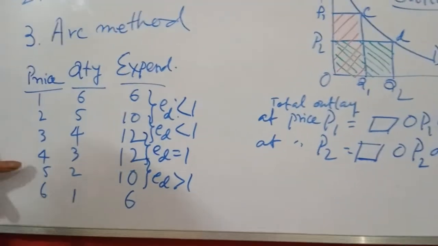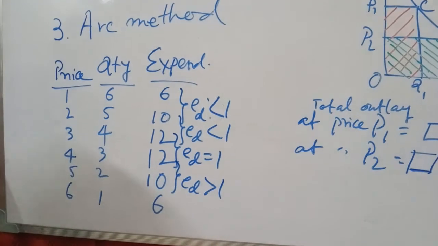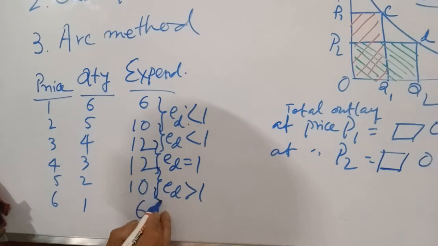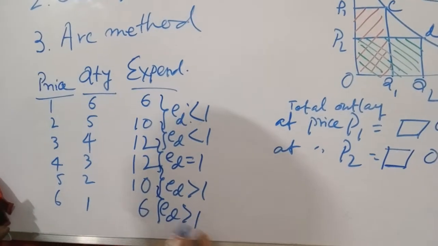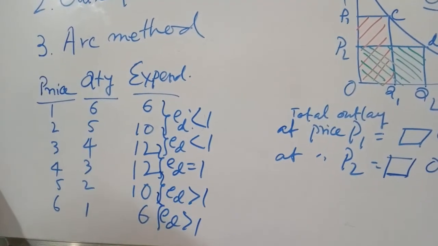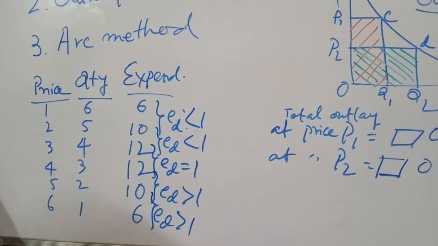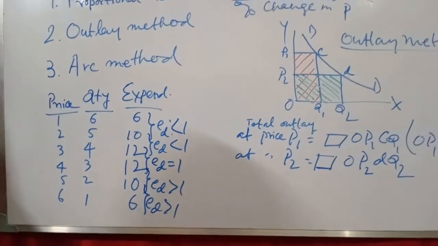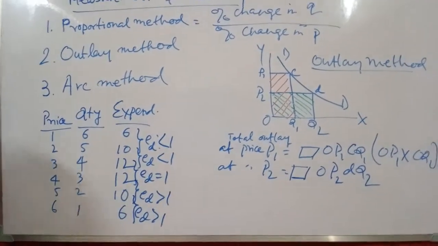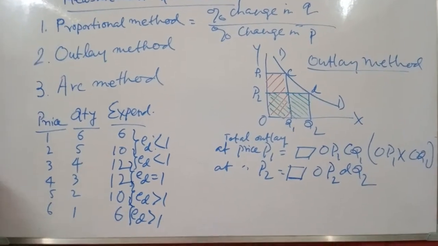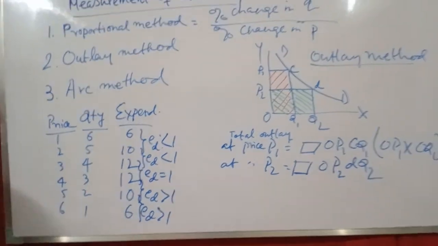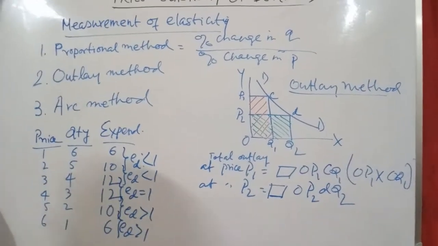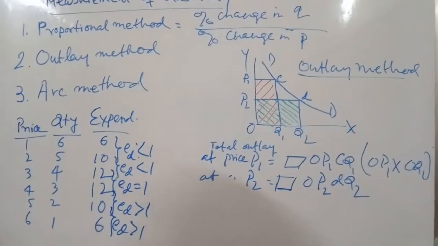As price further increases from 5 to 6, total expenditure falls from 10 to 6, so ED is greater than 1. Correct? So the outlay method gives us an estimation about the elasticity, not any numerical figure.